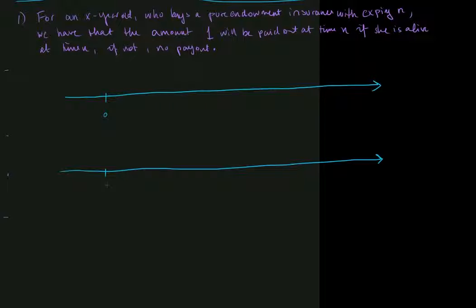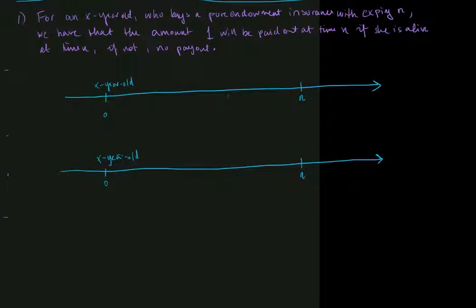So in both cases, we have someone who is X years old, and the person buys a pure endowment insurance with expiry N. So there are 2 cases.